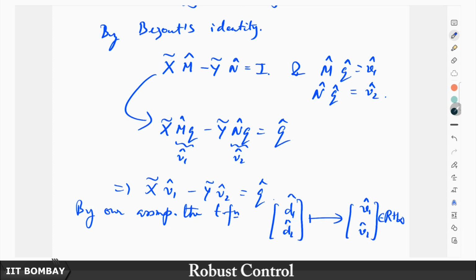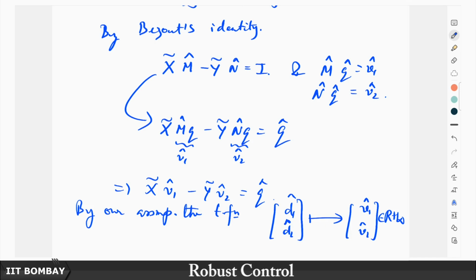This observation is very crucial. It is our assumption that the map that takes the tuple of signals d1, d2 to v1, v2 is itself going to belong to RH infinity. And now in addition, by invoking this Bezout identity, we see that the map from v1, v2 to q hat must also be in RH infinity.